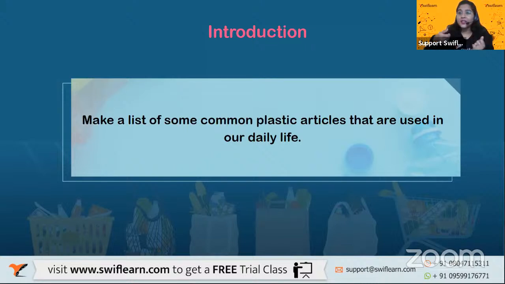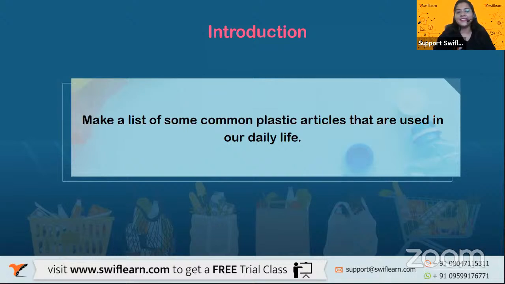The handles of various utensils are made up of plastic so that our hands will not get burnt. है ना? The body of various vehicles is also made up of plastic materials. है ना? Yes. So these are the various types of things we can see. And obviously, why not the bottles, the cold drink bottles, right? They are all made up of plastics.